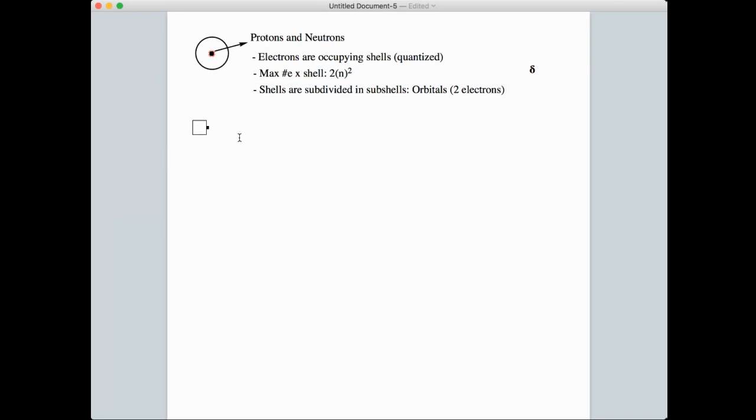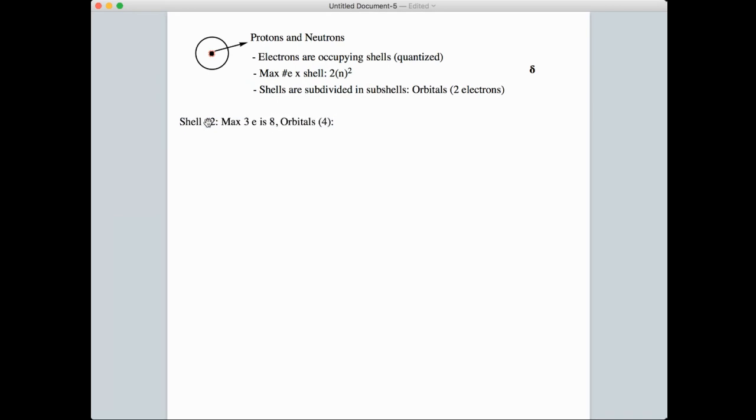And I'm emphasizing, guys, shell 2, remember, we're talking about the elements of the second period of the periodic table. So shell number 2, maximum number of electrons is 8. Orbitals, 4.